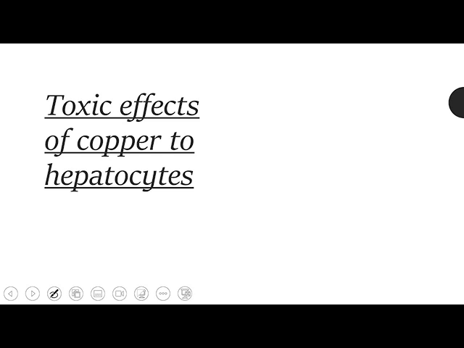So the level of copper in the hepatocyte will be more, and that will lead to various hazardous effects to the hepatocyte as well as other extrahepatic tissues. How it affects the liver as well as other extrahepatic tissues, we discuss here.